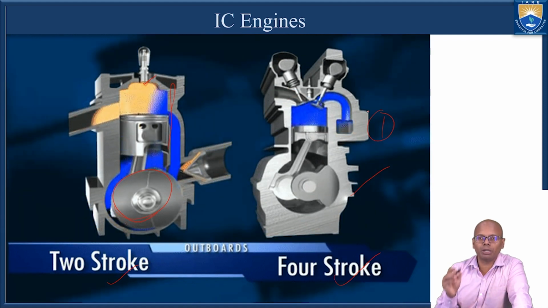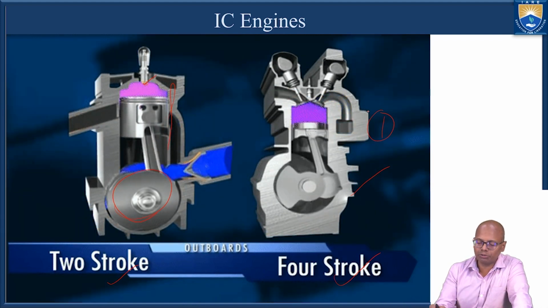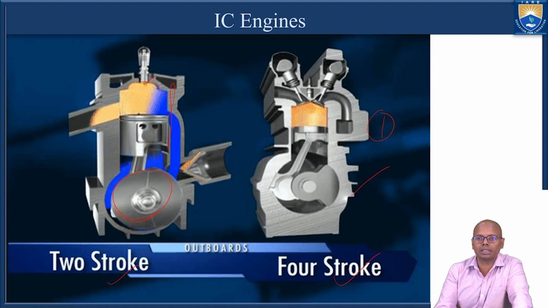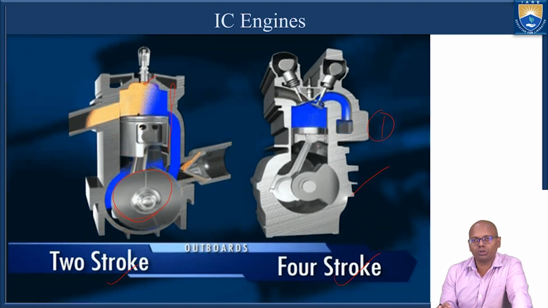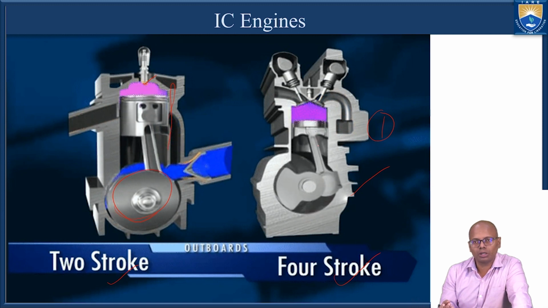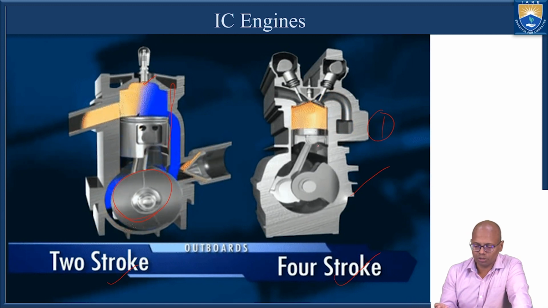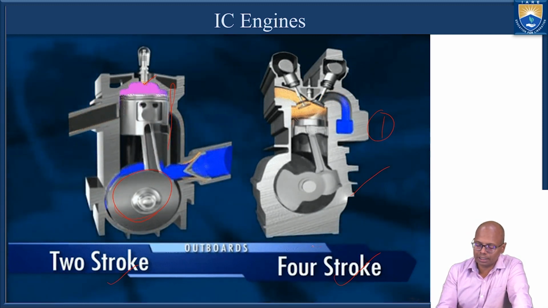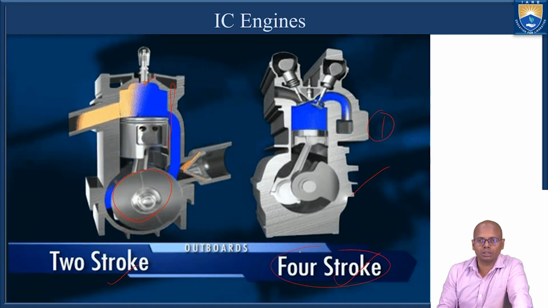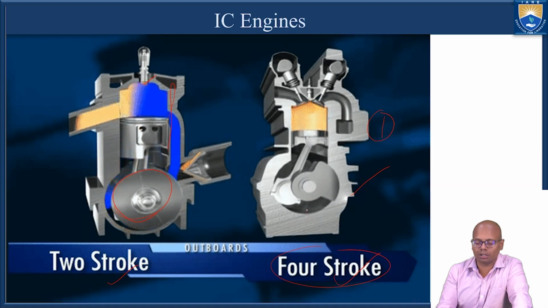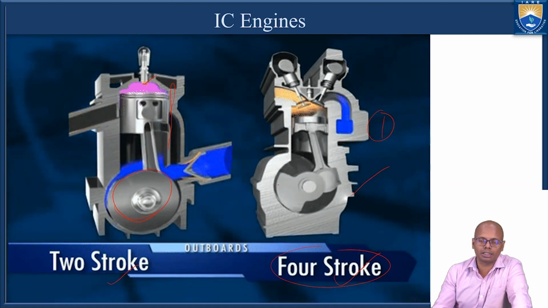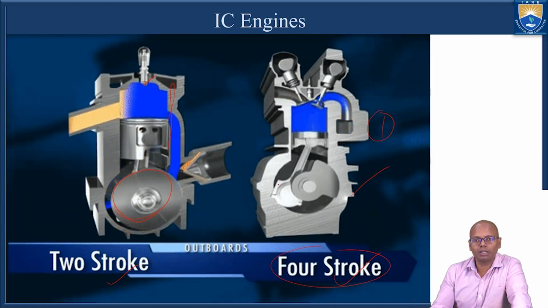For one power stroke to complete, we have 4 strokes in this engine: one is a suction stroke, compression stroke, expansion stroke, exhaust stroke. So that is the reason it is called a 4-stroke engine. And in this we have 2 revolutions of the crankshaft for one power stroke.